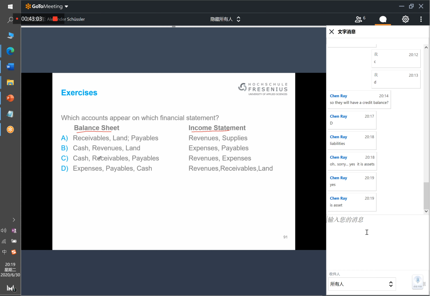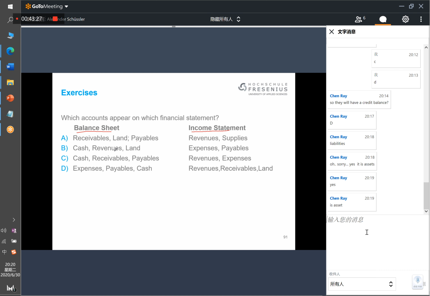What about B? Cash, revenues, and land. Is it all on the balance sheet? What about cash? Is cash on the balance sheet? Cash is an asset? Yes. Land is also an asset? Yes.